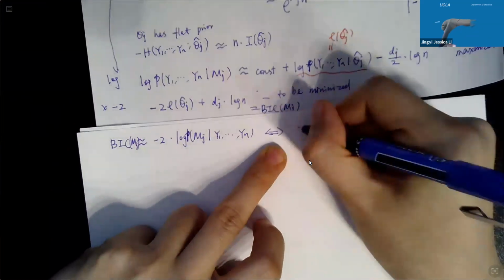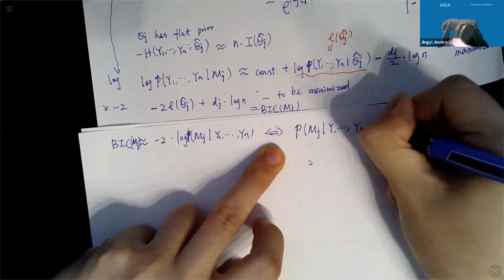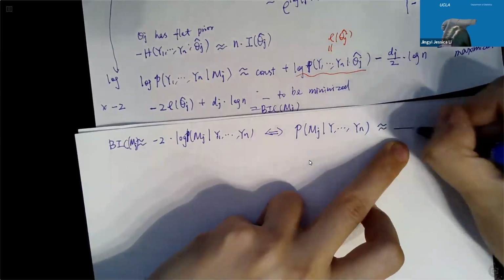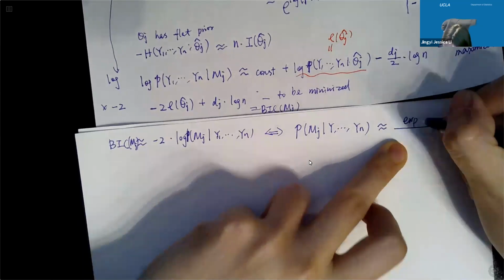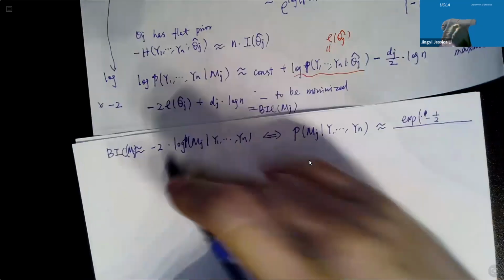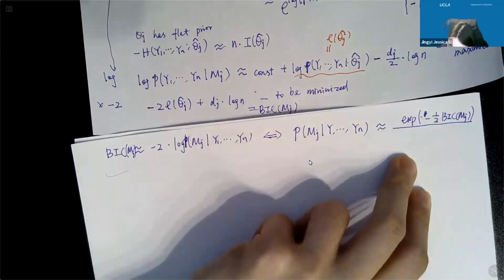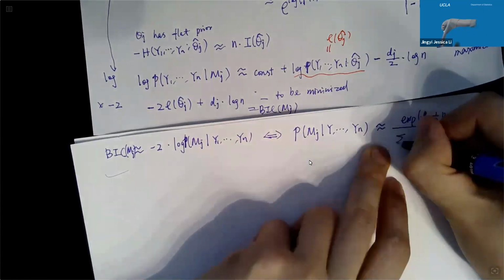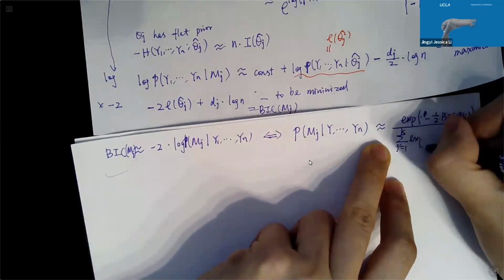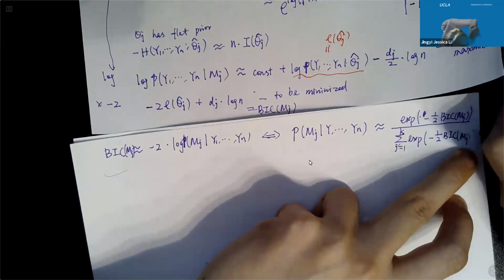If I want to write out the posterior of K models based on their BIC, I can say that the posterior is approximately the exponential of -1/2 BIC(M_j), divided by the normalization, the sum over j prime from 1 to K of exponential of -1/2 BIC(M_j prime).